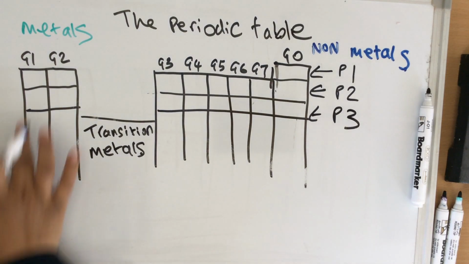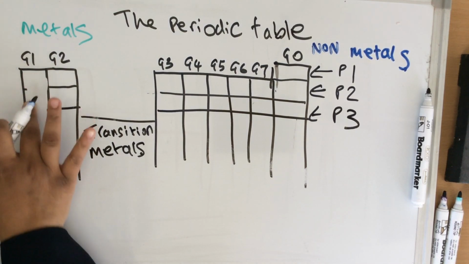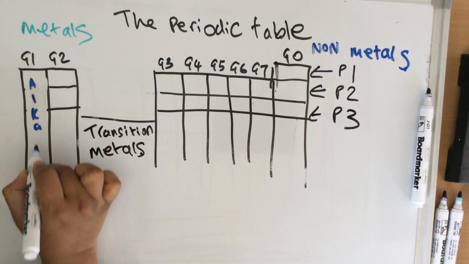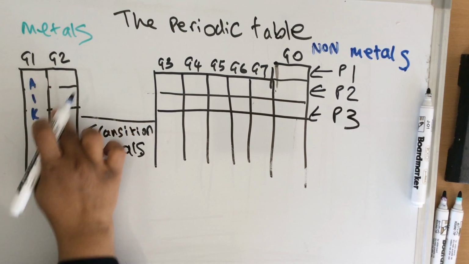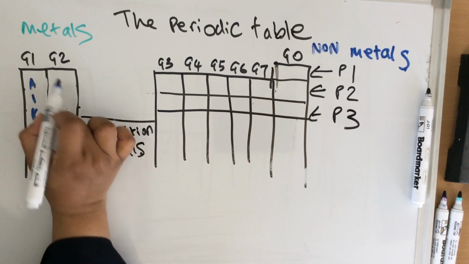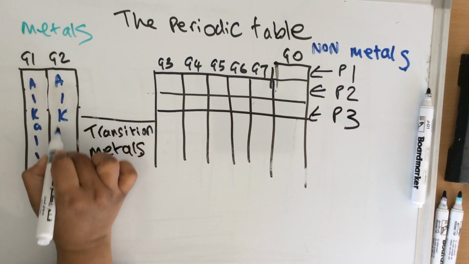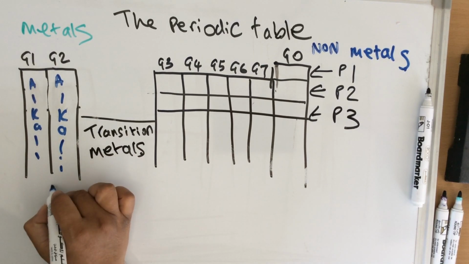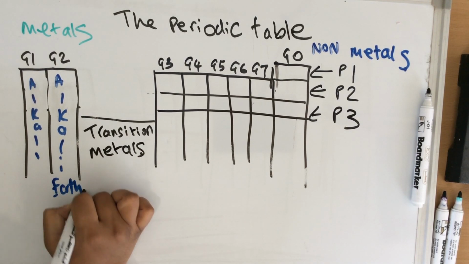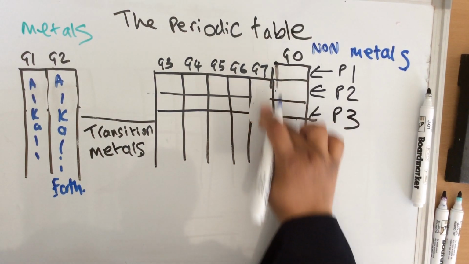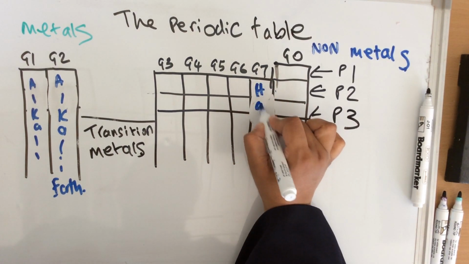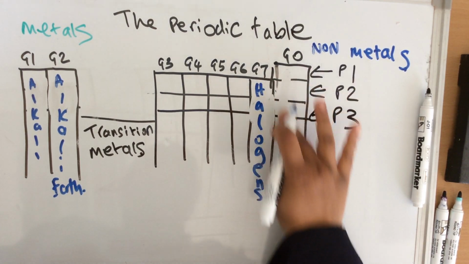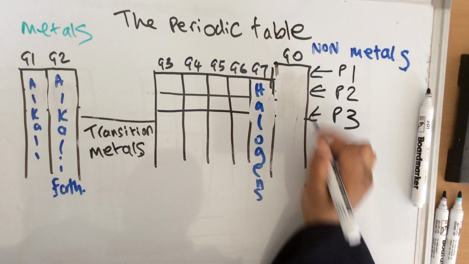So group 1 here is going to be called alkali metals. This one is called alkaline earth metals. These are called halogens. These are called noble gases.